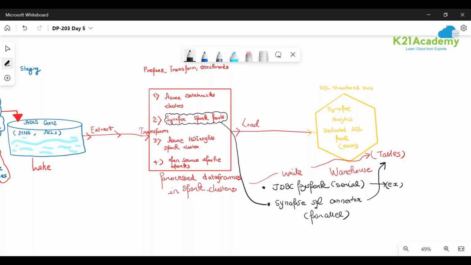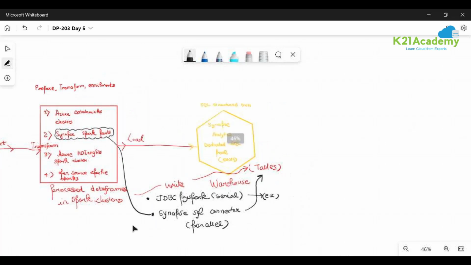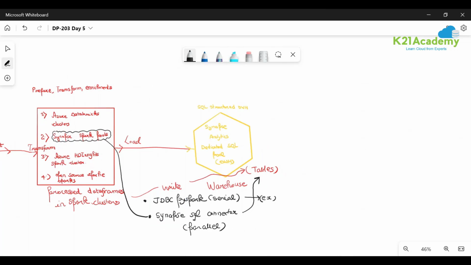So rather than taking these data frames to the tables in the data warehouse, which is needed in case they want to do some reporting on that, the second option is you can take these data frames and load them, write them, whatever you want to say, to something called the processed lake, which could be another lake account or a zone within an existing lake.